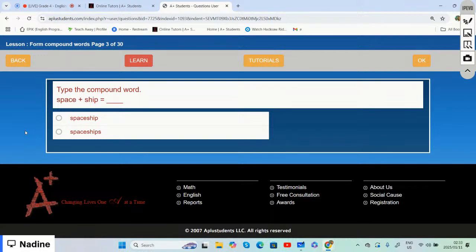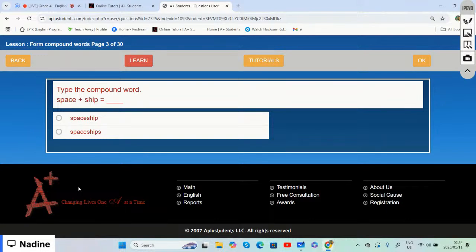And if we were to choose the correct option, so space plus ship.